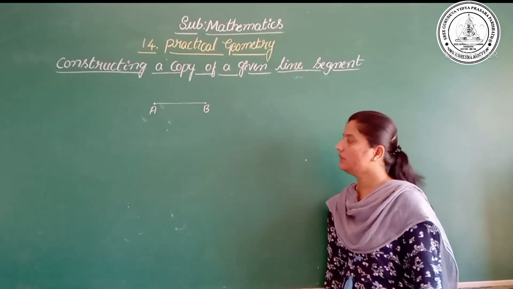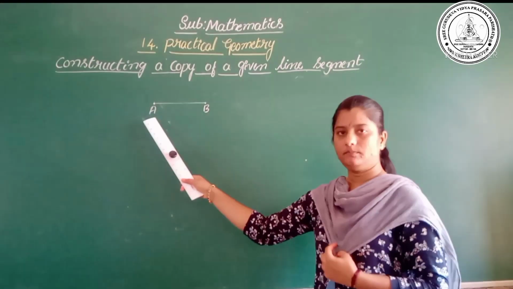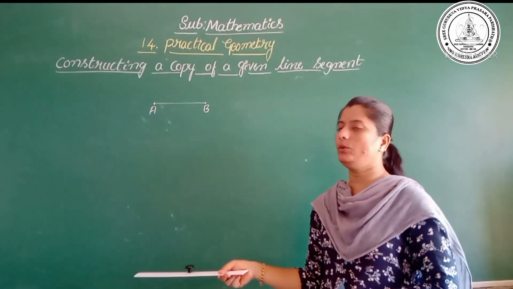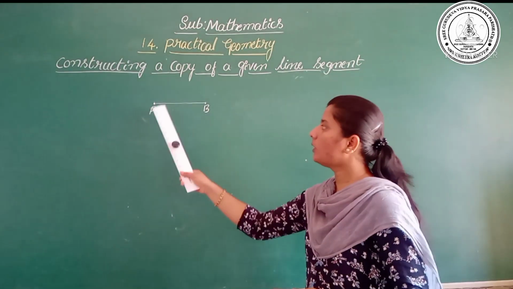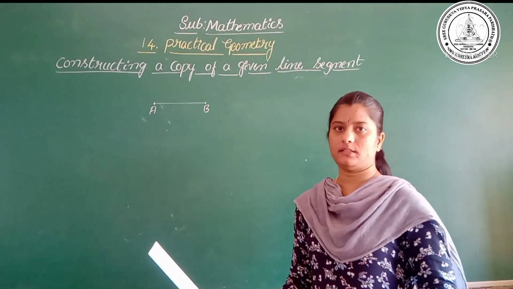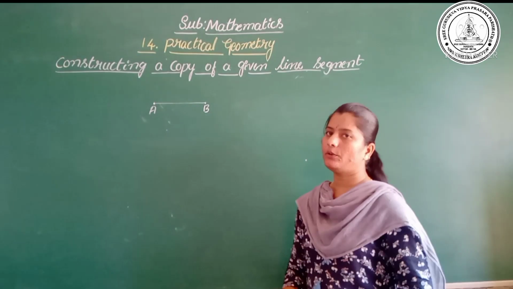You may see here there is a line segment AB, but we don't know the length of this line segment AB. Now I want to copy the line segment as it is, right? So first what we have to do?